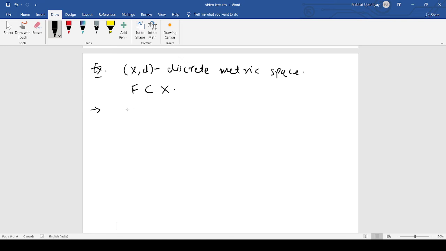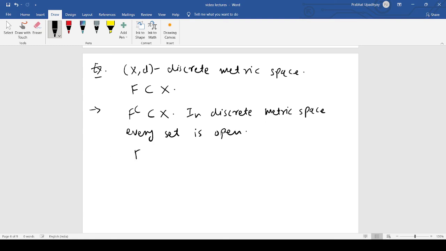If F is a subset of X, naturally F complement is also a subset of X. But we know in a discrete metric space every set is open.